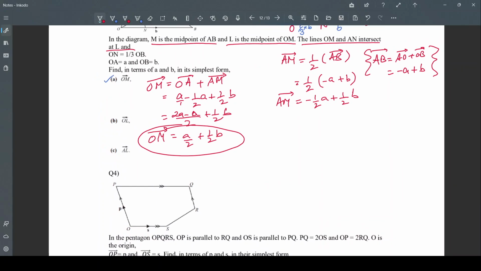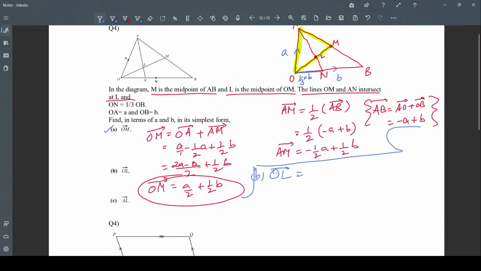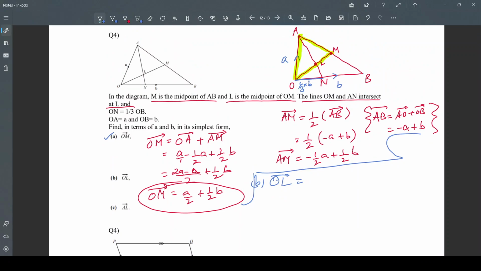Okay, so we have to do the next question. Let me do it with another color, blue. What is the OL vector? We are doing the second part, part B. What is the OL vector? So O to L. This is OL, right?